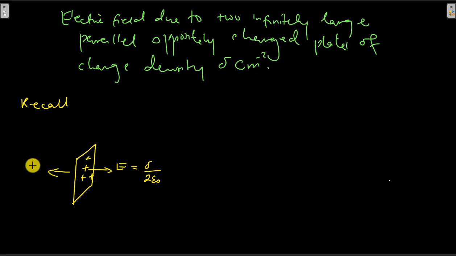Even this side, the electric field intensity is going to be sigma over 2 epsilon naught. So this is what we have considered in our previous video.